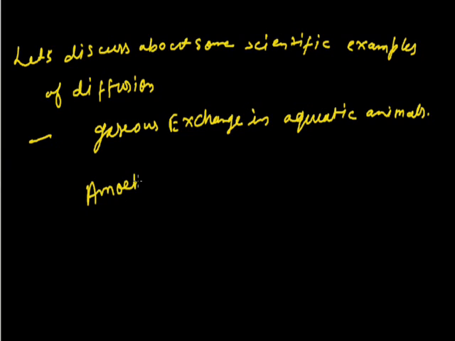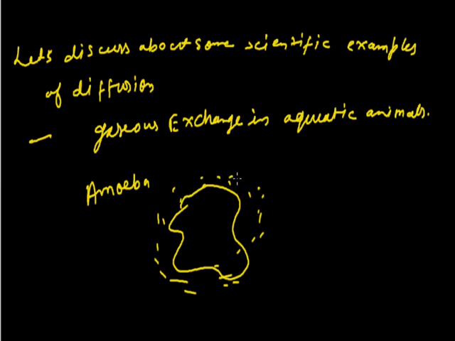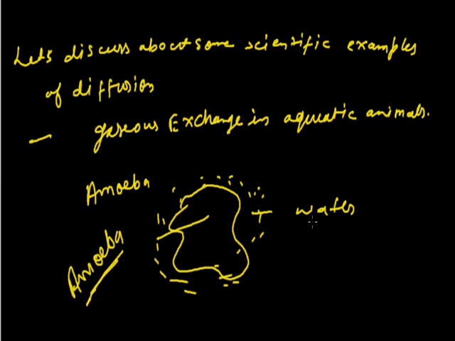We are very familiar with the amoeba. Amoeba is shaped like that, and it lives inside the water. This is water and this is amoeba. We simply say that all aquatic animals use the oxygen which is dissolved in water.